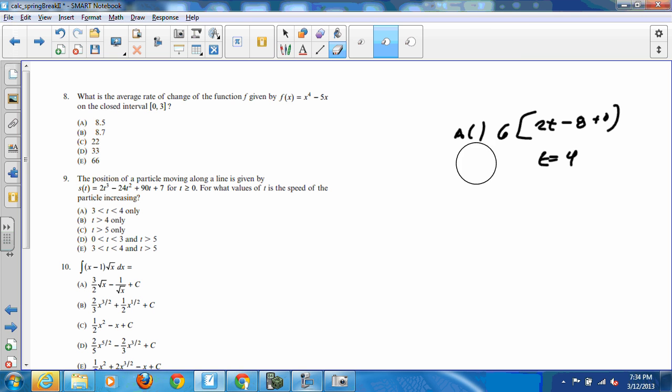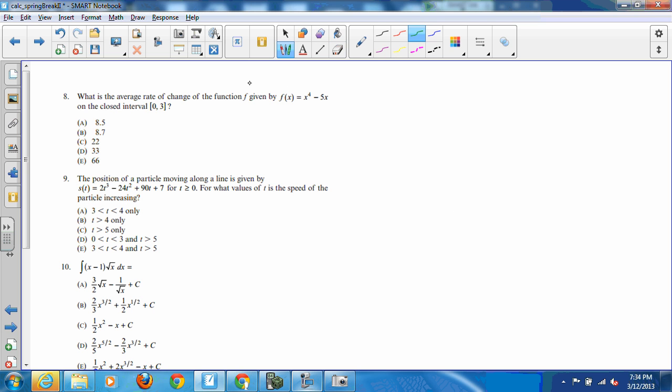What is the average rate of change? Alright, remember in our study of calculus we first started talking about the average rate of change, and we sort of made a connection that this is sort of an algebra technique, and the instantaneous rate of change, or the IROC, is sort of our calculus where we take the derivative, right?